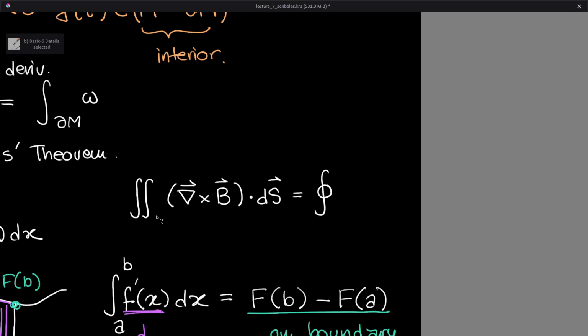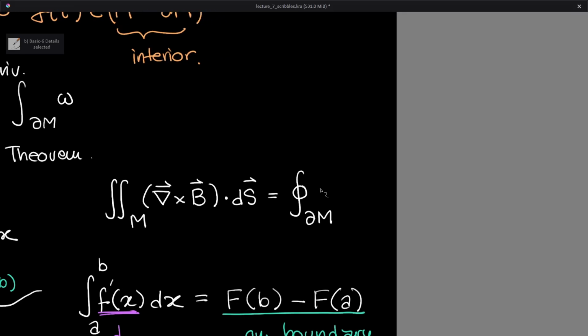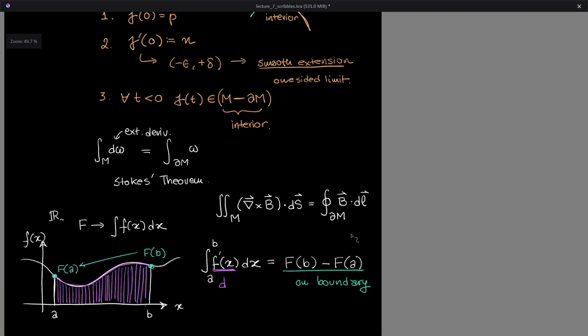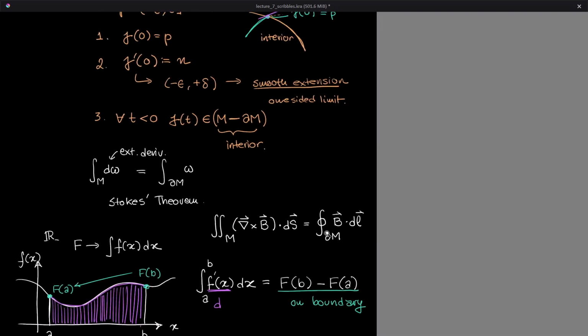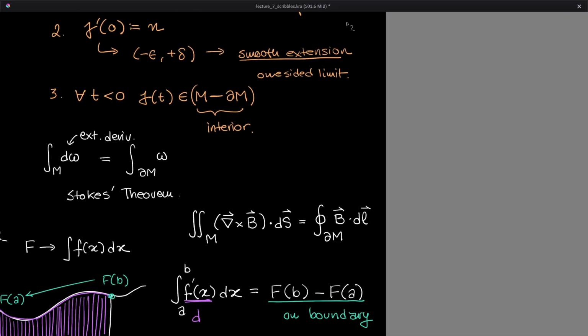Sorry, this should be m. This is m, and this is del m, and this is an instance of Stokes' theorem as well, right? This is what people call Stokes' theorem.